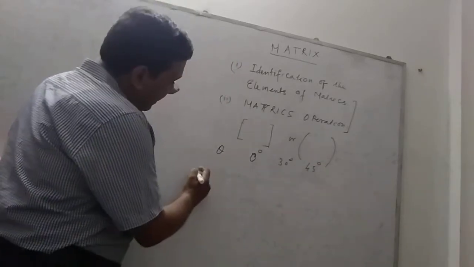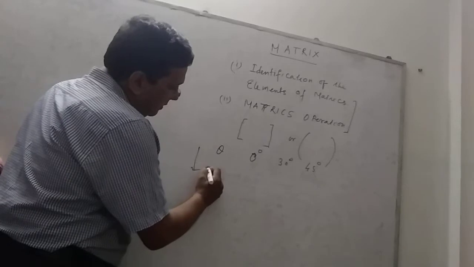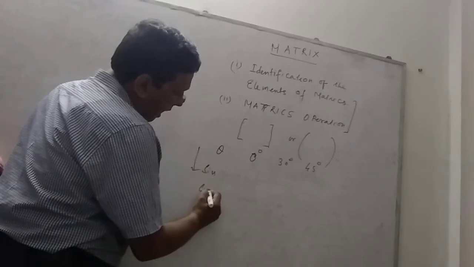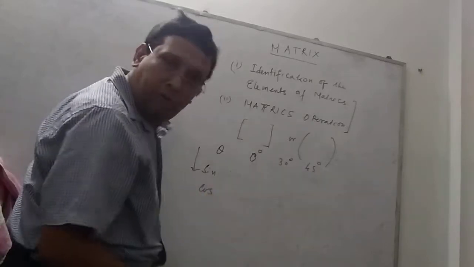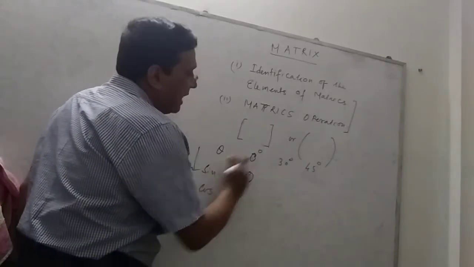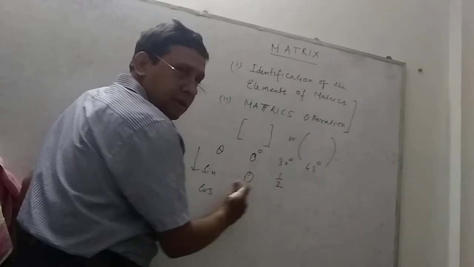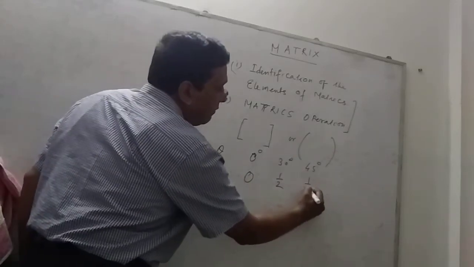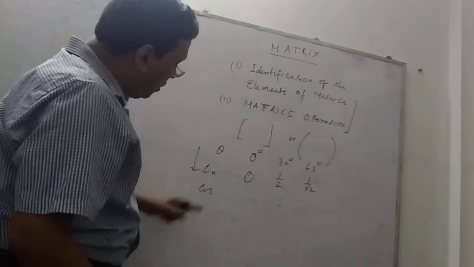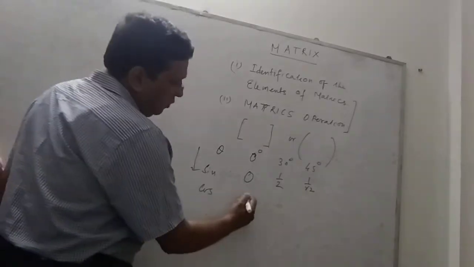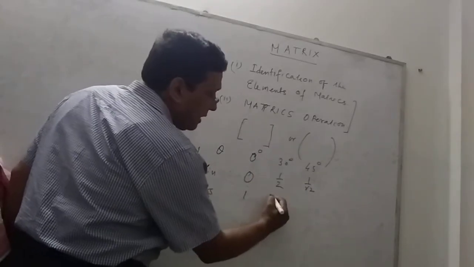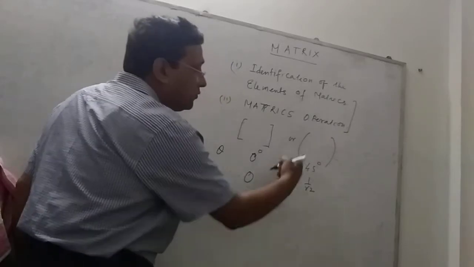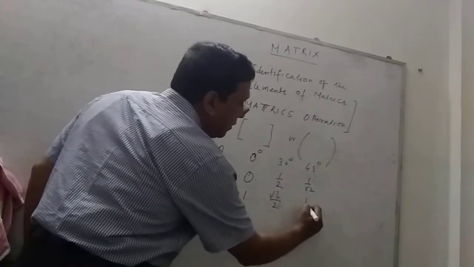And along these columns, sine and cos. Sine 0, all of you know, is 0. Sine 30 is how much? Half. Sine 45 is how much? 1 by root 2. Cos 0 is 1. Cos 30 is root 3 by 2. And cos 45 is also 1 by root 2.